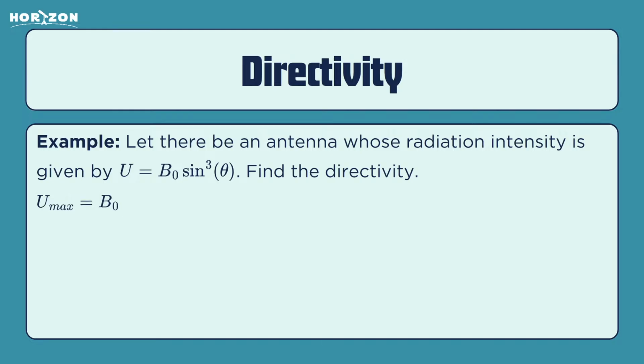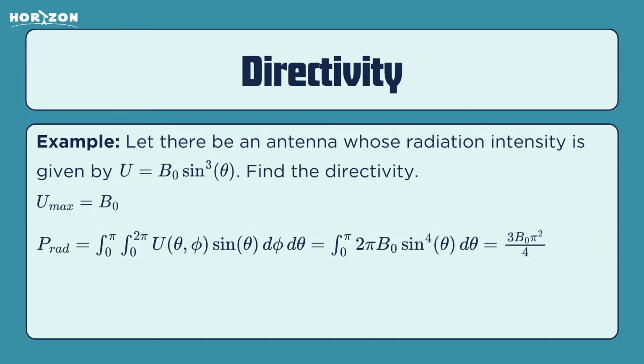So U max, or at least the maximum of the modulus of U, is B naught. And the power radiated can be computed through this integral over here, which comes out to be 3 B naught pi square by 4.